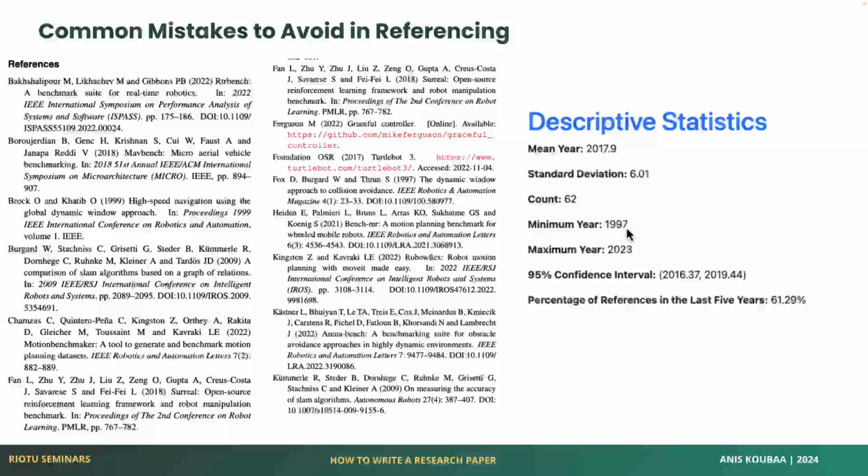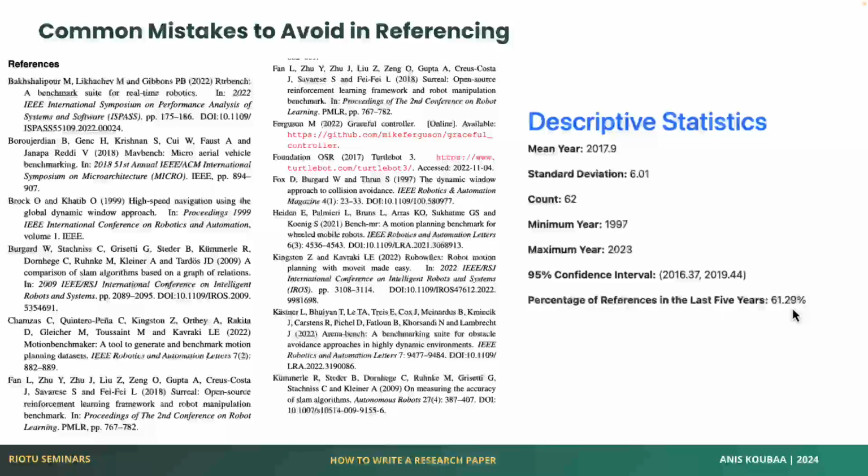The minimum is 1979, and the maximum year is 2023. And 95% of the references are between 2016 and 2019, and the percentage of references in the last 5 years is 61%.